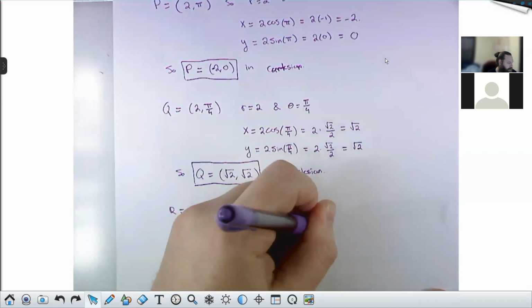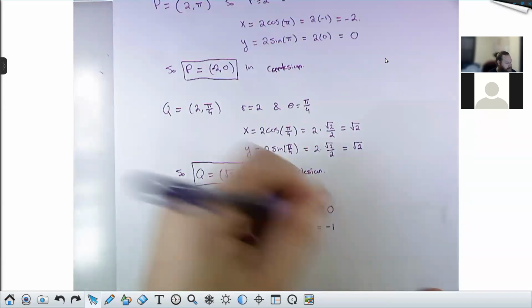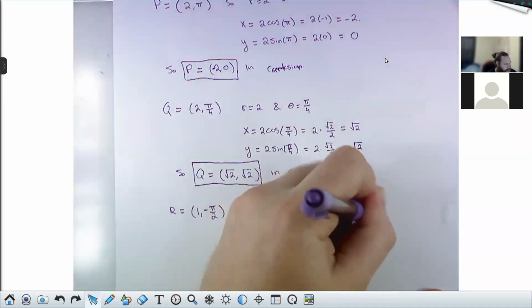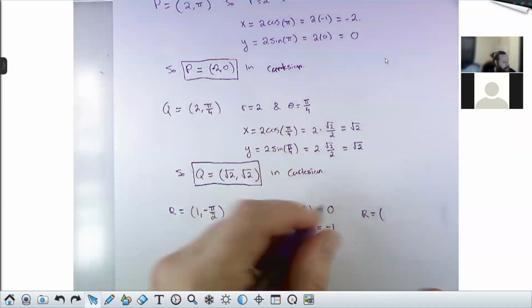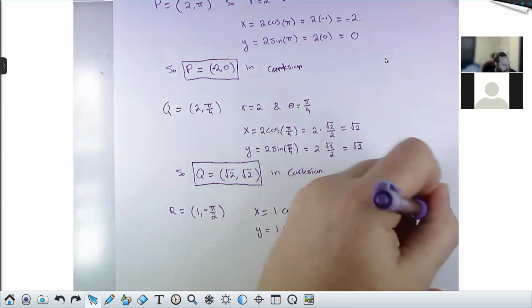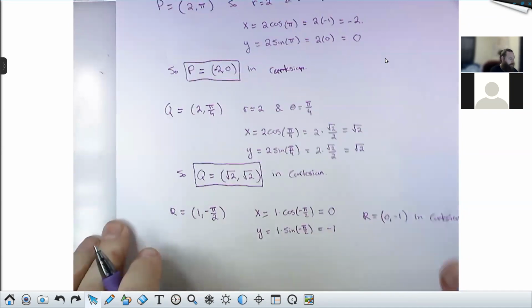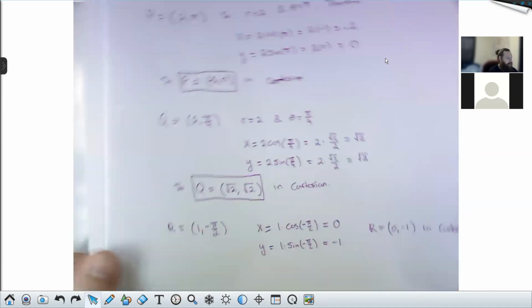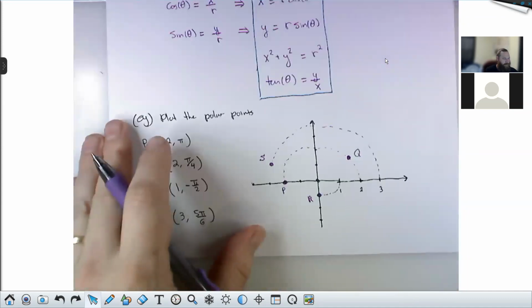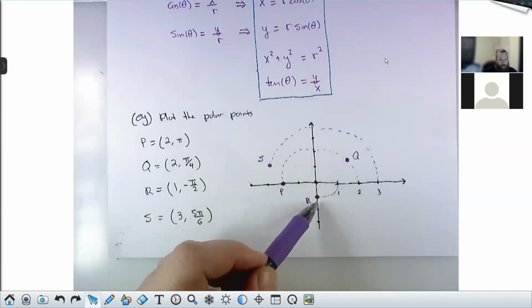What is the sine of negative pi over 2? Very good, that's negative 1. So r in Cartesian coordinates is the point 0, negative 1. And if you look at our picture, that matches up, right? Here's our picture. R is the point whose regular xy coordinates would be 0, negative 1.